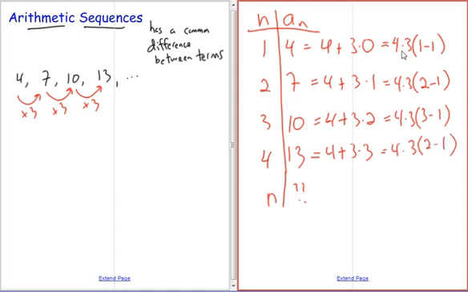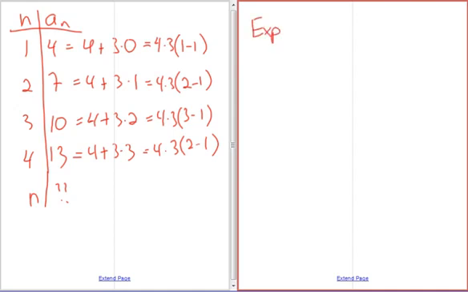Once again, I did make a mistake. In between this 4 and each one of these 3's, there should be a plus, but I think I just got carried away there. This should be 4 minus 1 right there.